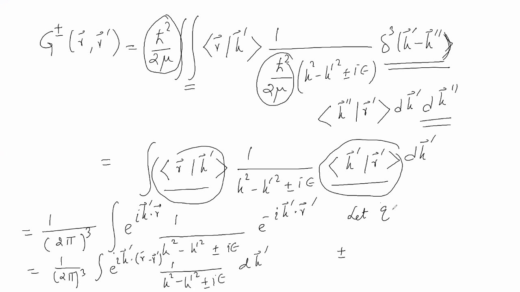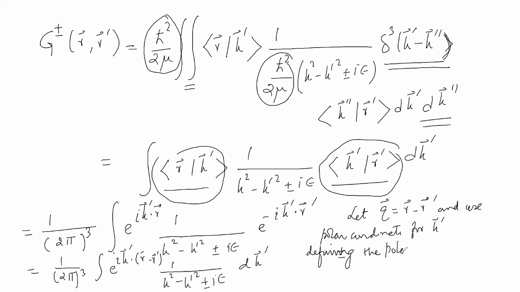Now let q be equal to r minus r prime and use polar coordinates for K prime, defining the polar angle relative to the direction of q, such that, see, this is dk prime.